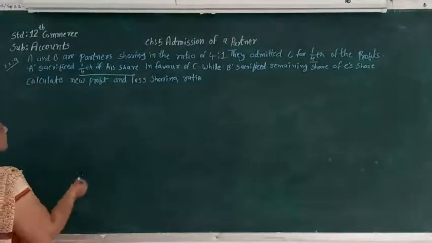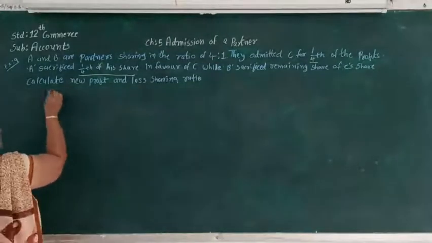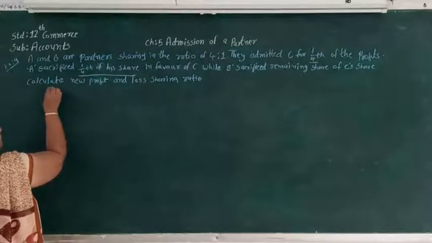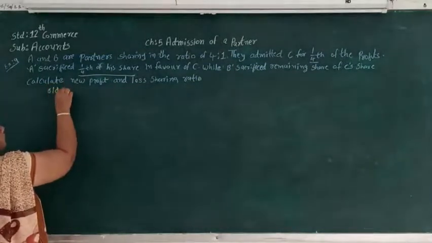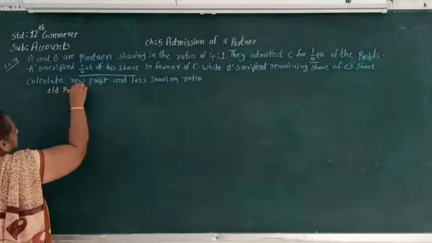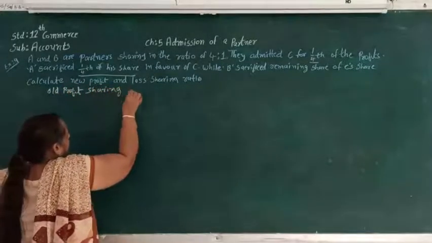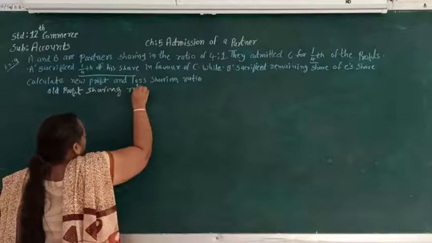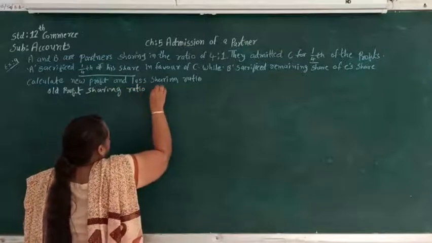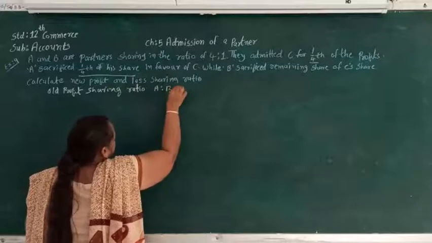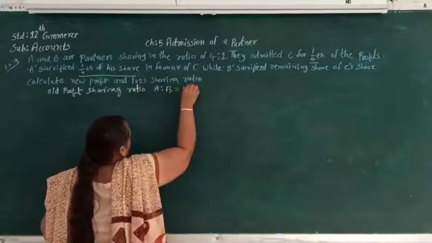Okay. So here the very first thing is the old profit sharing ratio of A and B, which is 4:1.